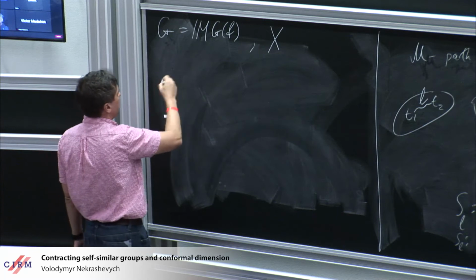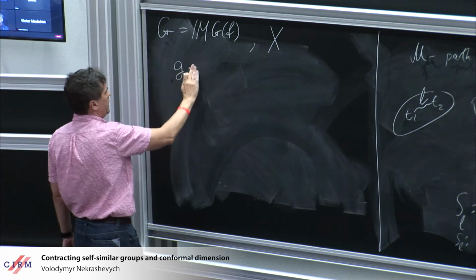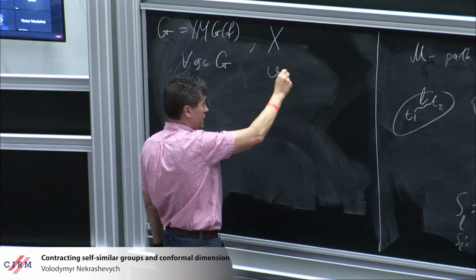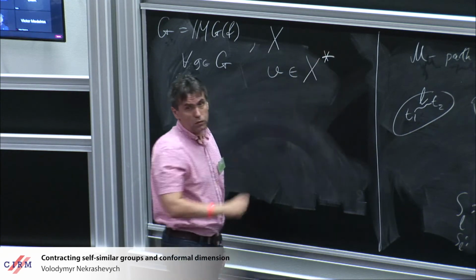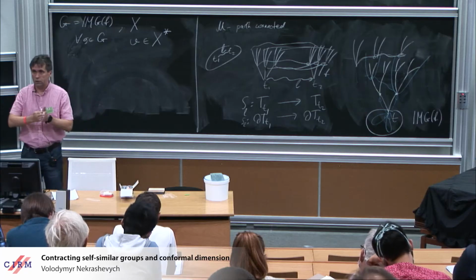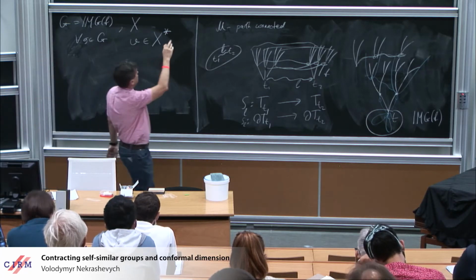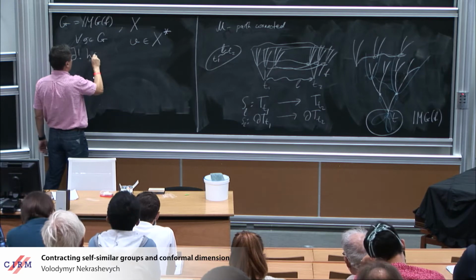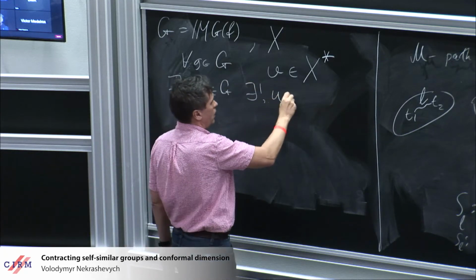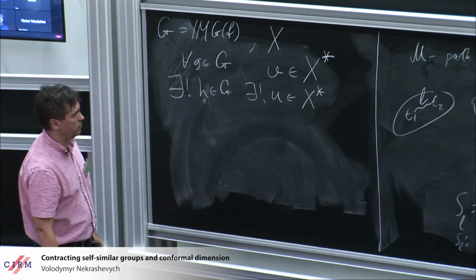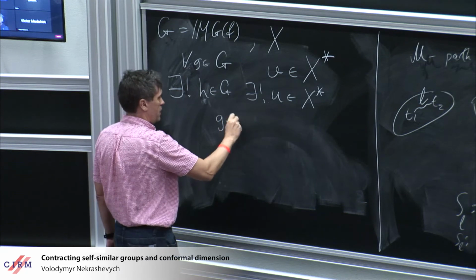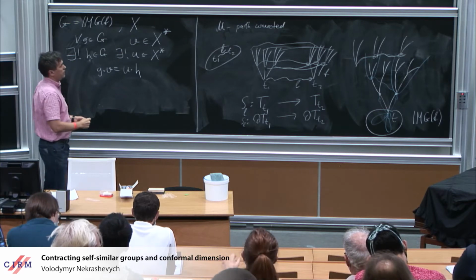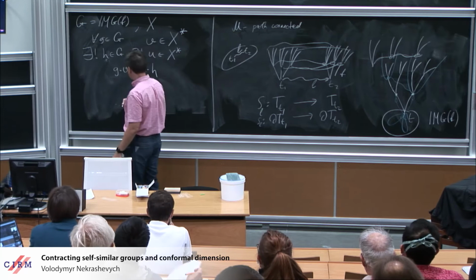And in this semigroup, we have relations of the form that if you take any element G in this subgroup, and you take any element V in the semigroup generated by this set of connecting paths, so all products of these elements xi, then there will exist a unique element H of the group and a unique element U of this semigroup generated by X, such that G times V is U times H.